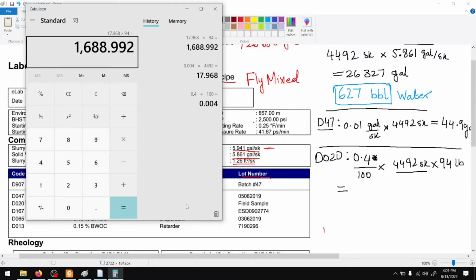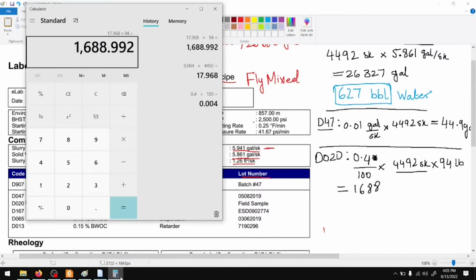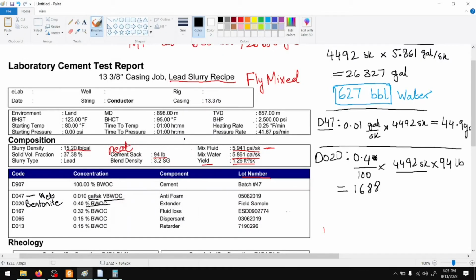It gives you 1688. Let's recheck that because we have a memory of a goldfish. Okay, this should be a 9 pounds of bentonite. So 1,689 pounds of bentonite need to go into this mixed fluid.